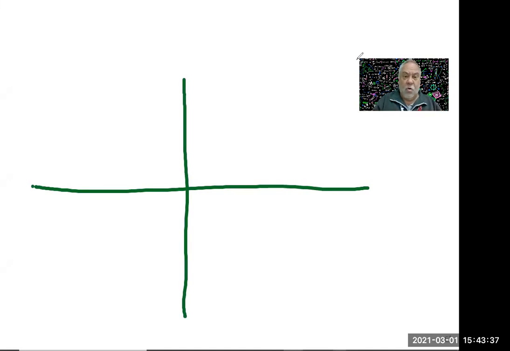So when they ask, what's the domain? What can x be? It's not really what is the x value, it's what can x be? If they give you an equation, 99 times out of 100, the domain is all real numbers.